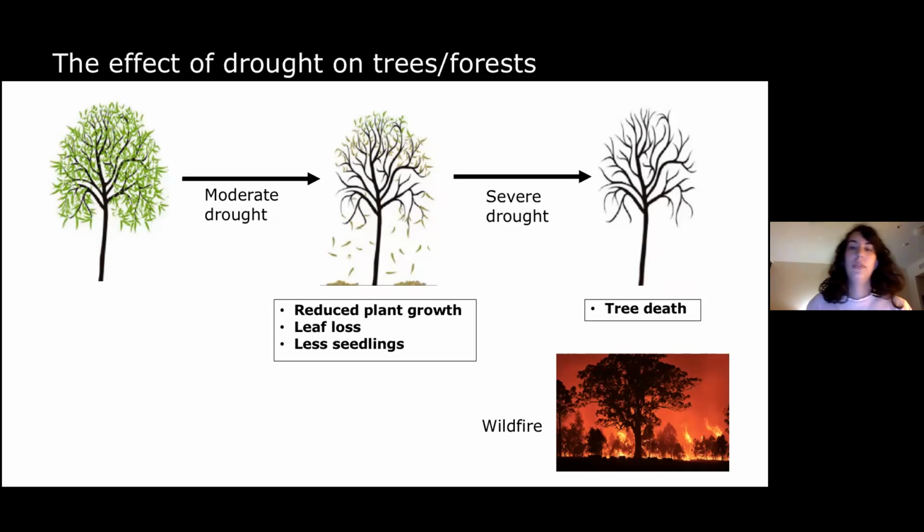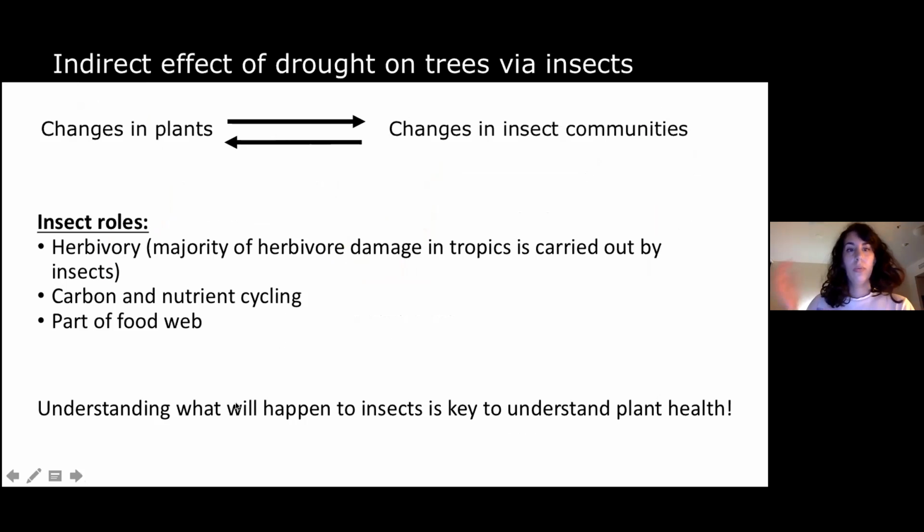But then you also have a lot of indirect effects of drought on the trees. And one of these indirect effects would be via insects. What we might expect to happen with insects is that first we have some changes in plants, and those changes in the plants will induce some changes in the insect communities, which will then in turn also affect the plants back, because insects have such important roles in forests.